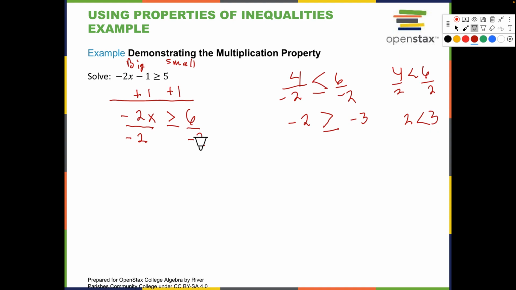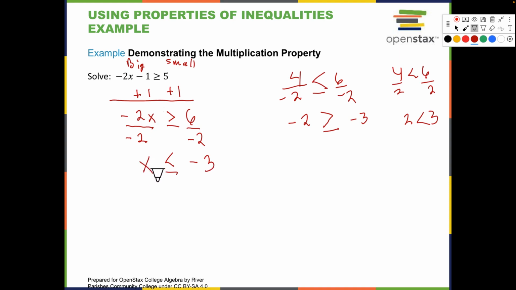It did not change. But with the variable, it's not real clear that that's what is happening when we divide by a negative. We are changing the direction of which one's bigger and which one's smaller. And so we end up over here with negative 3, and over here with just x.